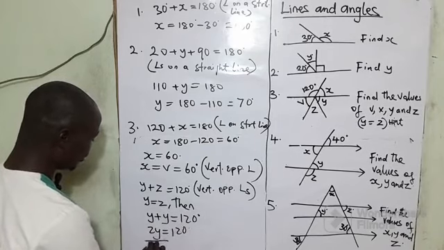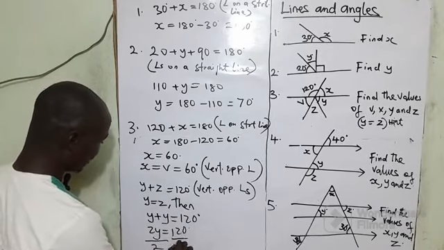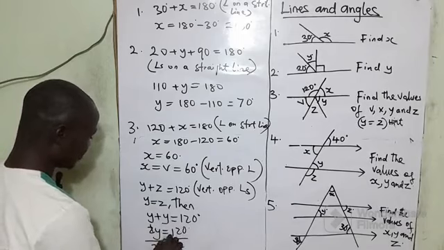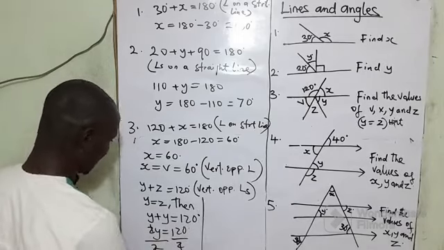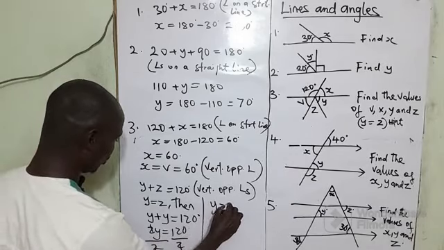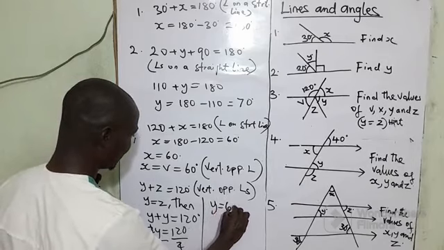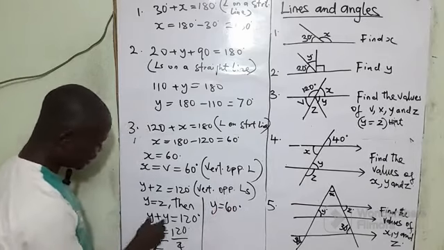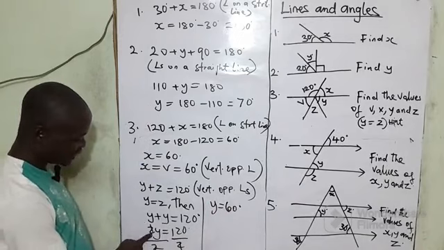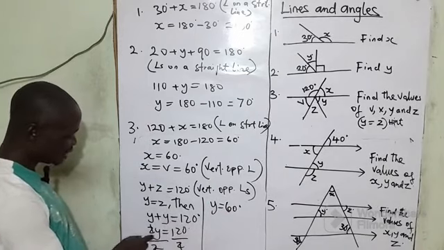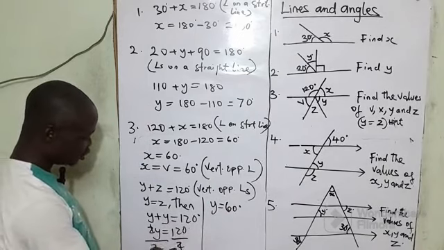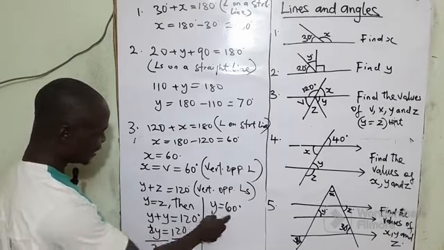Dividing both sides by 2, I have that y is equal to 60 degrees. So y is equal to 60 degrees.